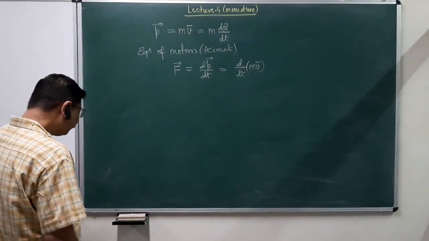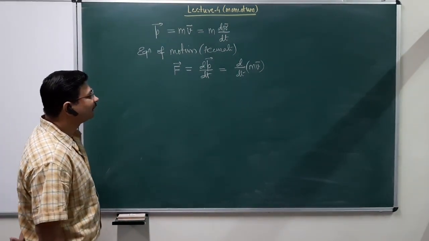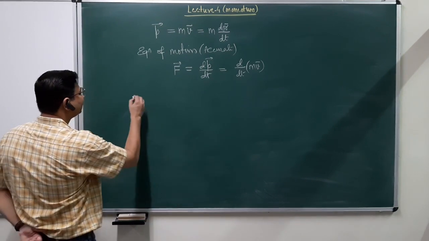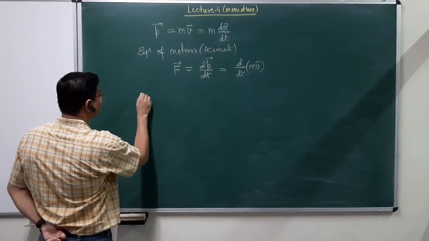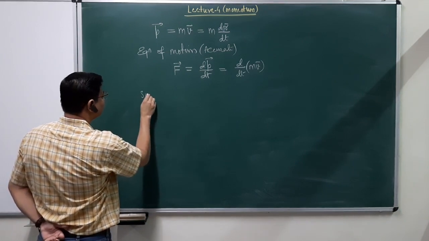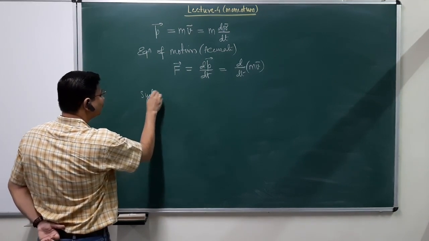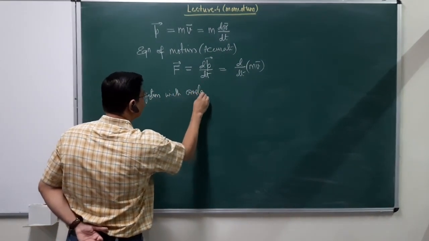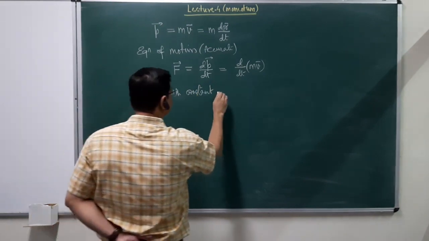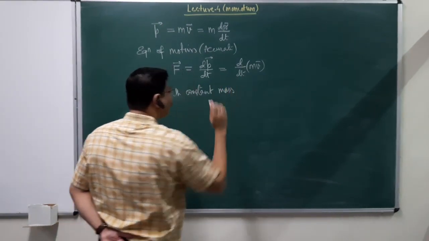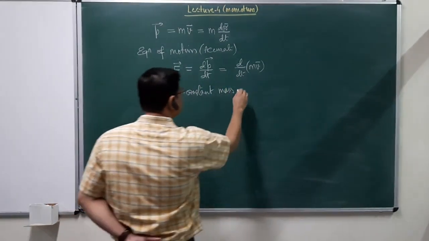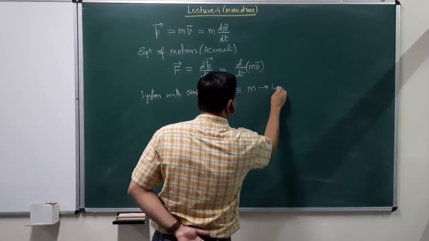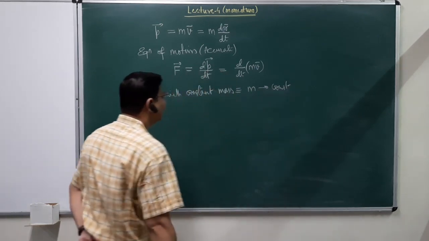Right? Okay. Now, just to make this point slightly more obvious, let's say I have a system with constant mass, right? So basically, what we are saying is m is a constant. It's not changing with time, right?